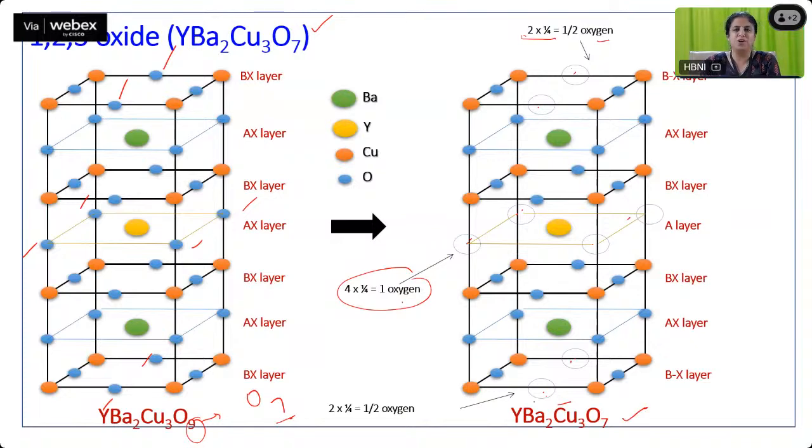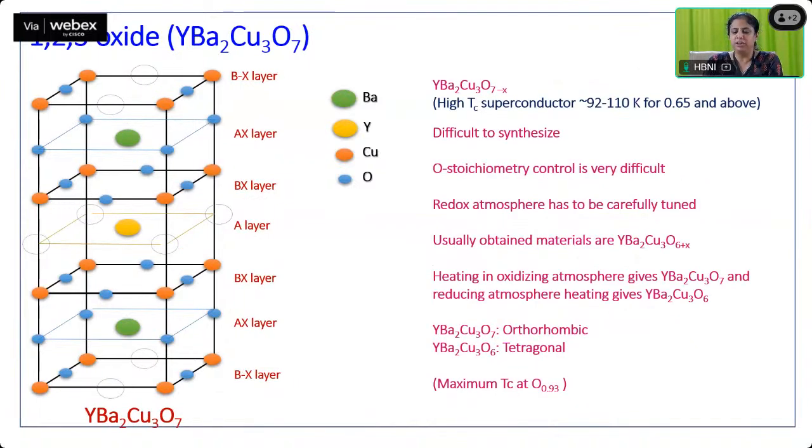Even this is not a superconductor unless it becomes a little oxygen deficient. That is YBa2Cu3O7 minus X. Okay. So for an X value of 0.65 and above, this is a superconductor because there is so much restriction on this X value. And you imagine, I cannot really control oxygen because oxygen is present all over.